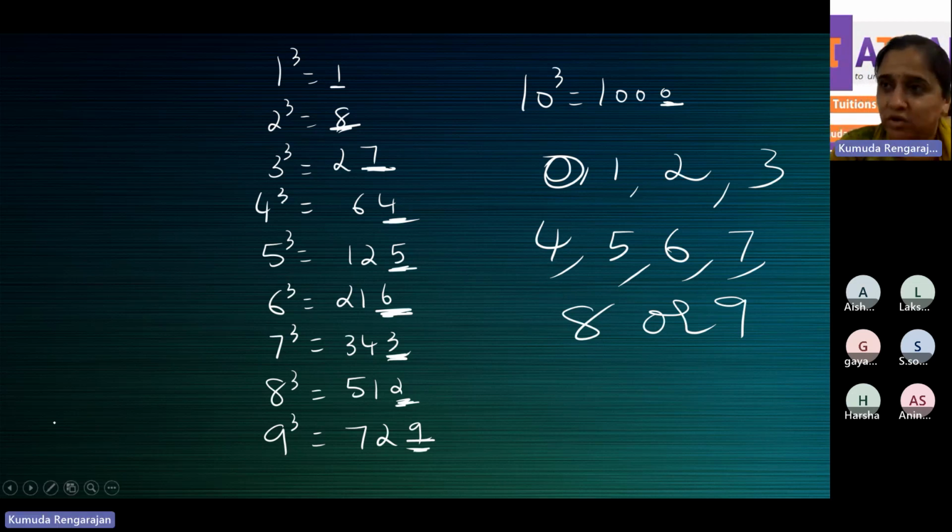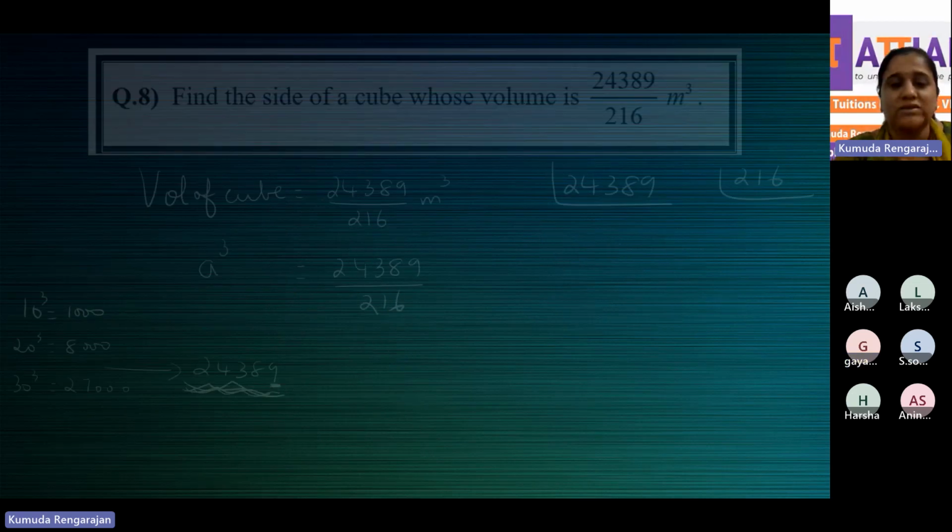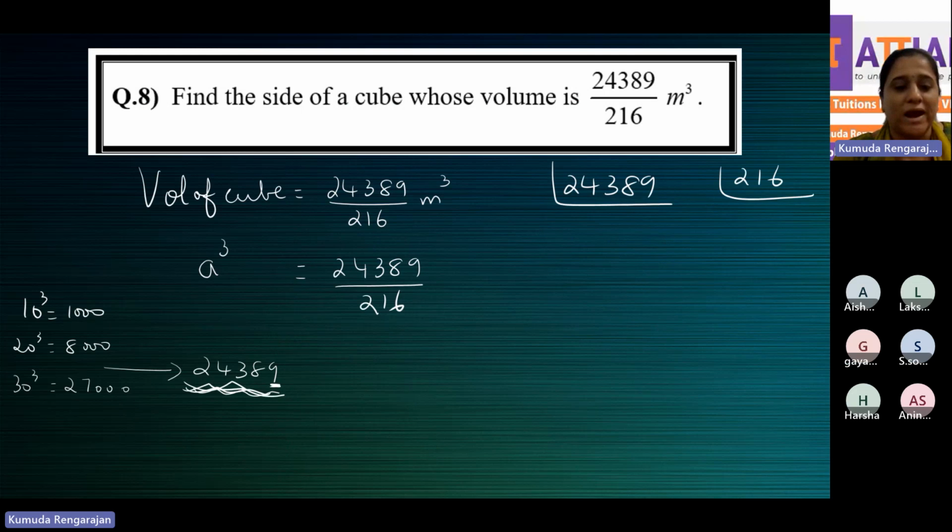So a perfect cube can end with any of the digits from 0 to 9. It can basically end with any digit. Correct? Okay, fine.